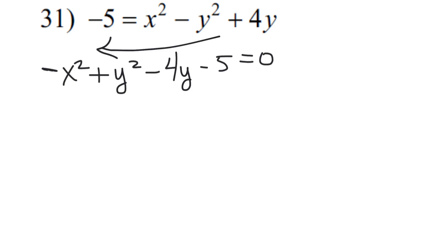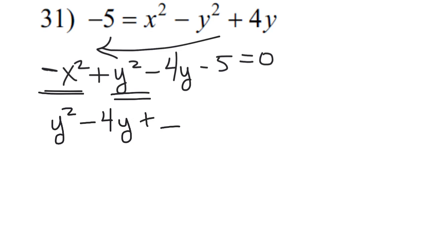I've set it equal to 0, and now I'm going to start putting everything together. I noticed that my x squared term has a minus sign in front of it, and that my y squared term is positive. I want to put the positive term first. So I'm going to put y squared first. I'm going to combine it with its other like variable. And here we're going to complete the square.